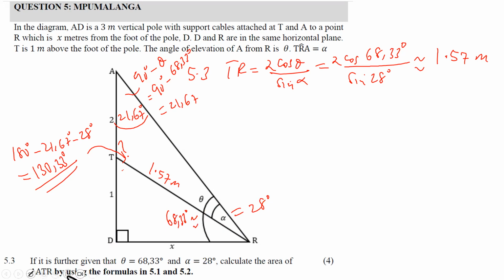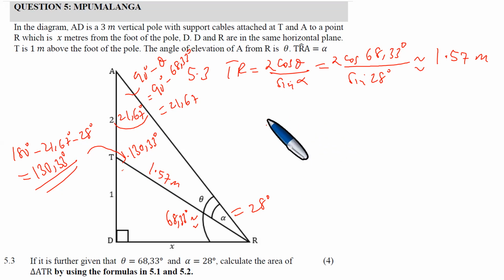So if we come here and we substitute this one over here, this one is 130.33 degrees. Now we want to just find the area, so it's obvious now.